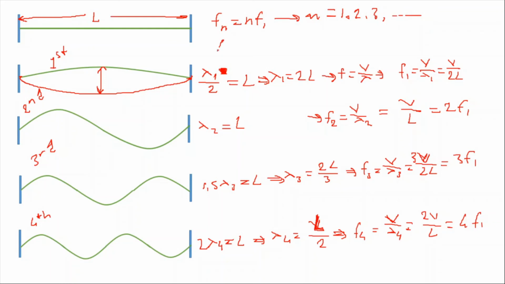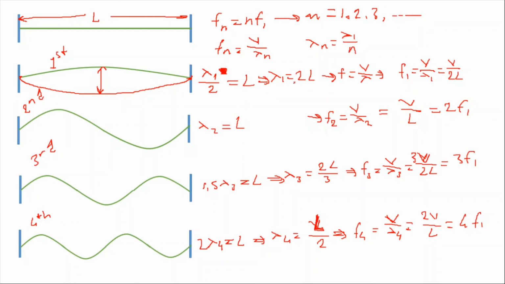Similarly, Fn is going to be equal to V over lambda n. Why? Because as you see, F1 is equal to V over lambda 1. This is V over lambda 2. This is V over lambda 3, lambda 4. So we can write Fn is equal to V over lambda n. And one more, we can write lambda n is equal to lambda 1 over n.